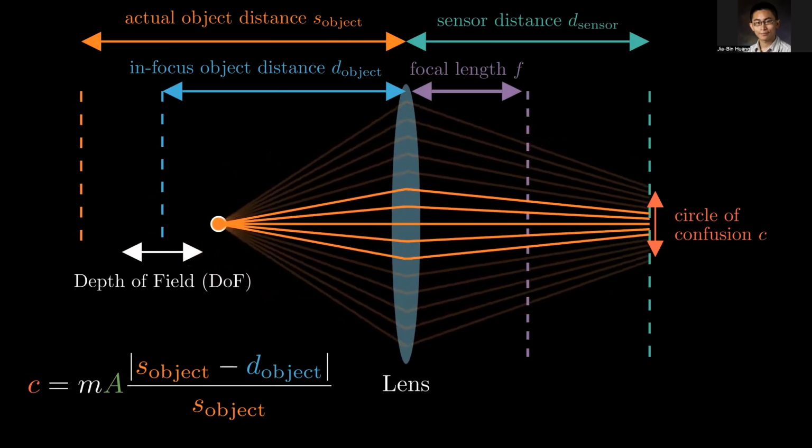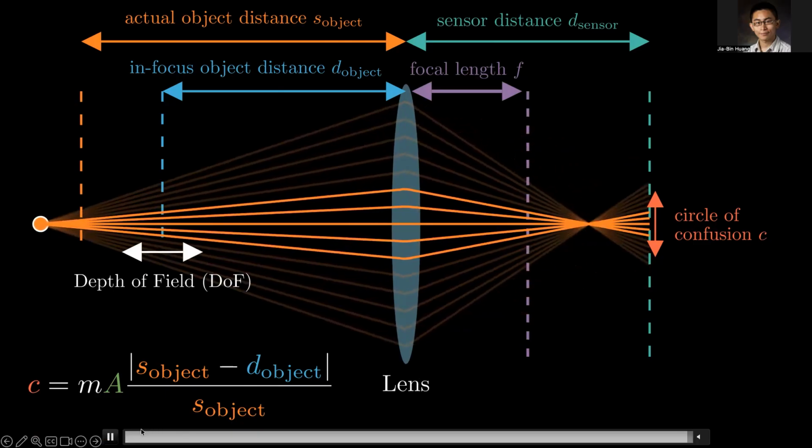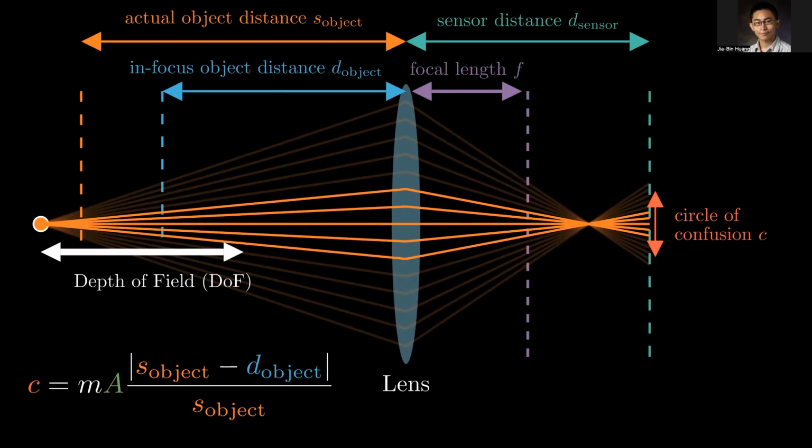So you can see that now the circle of confusion, the depth of field becomes larger when you decrease the aperture. Yes, the aperture would... Yeah, it will.